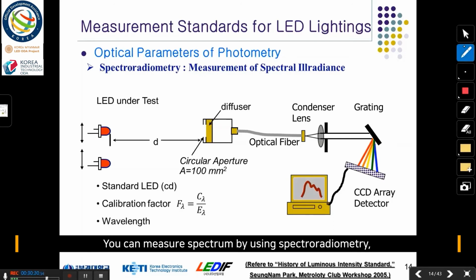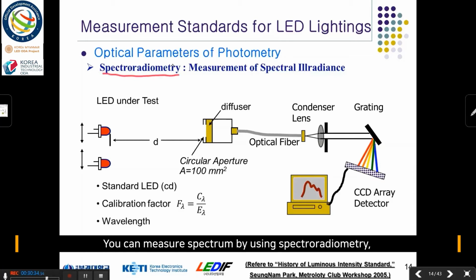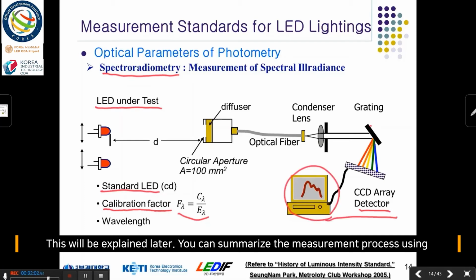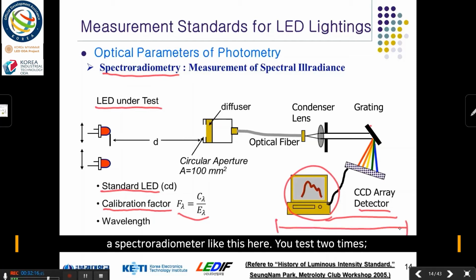You can measure spectrum by using spectroradiometry. That means measuring spectral irradiance. Spectrum will be tested by a grating and CCD array detector in the measurement equipment. This will be explained later. You can summarize the measurement process using a spectroradiometer like this, and then you test 2 times.